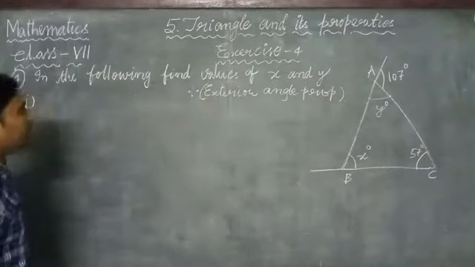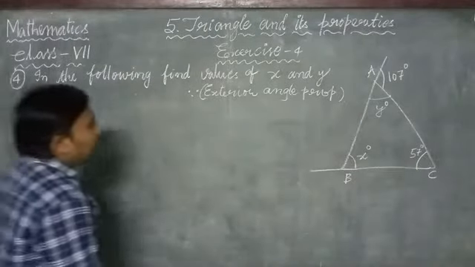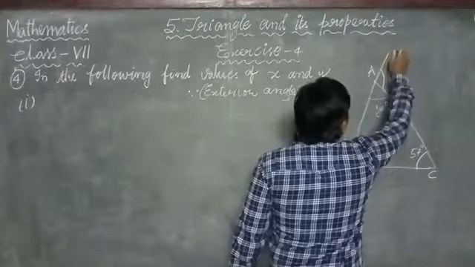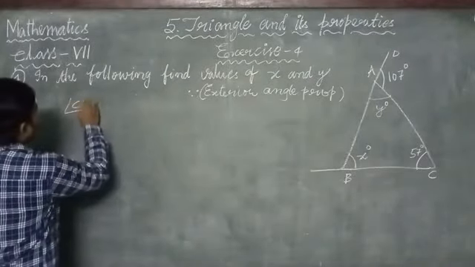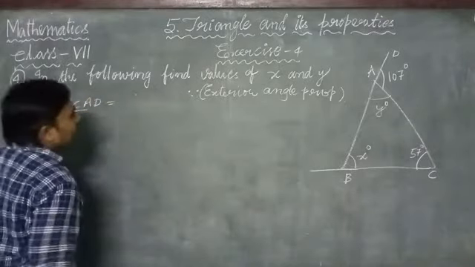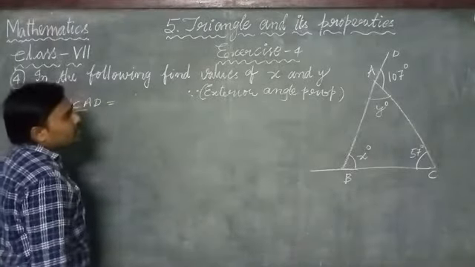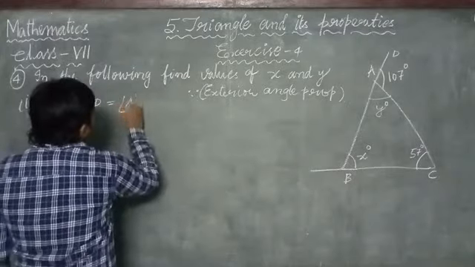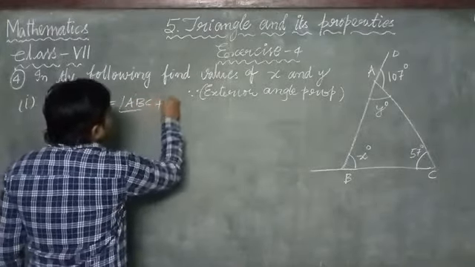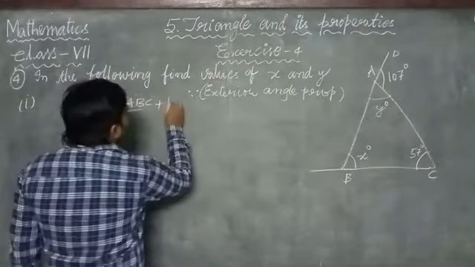we can write angle CAD is equal to angle ABC plus angle ACB.